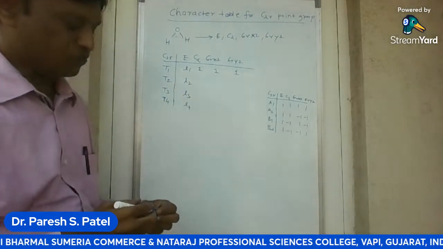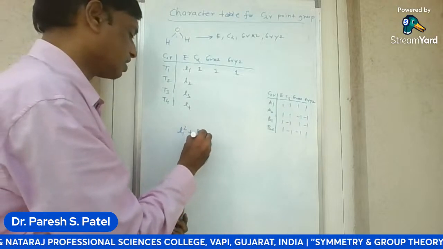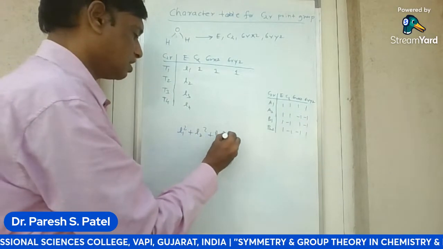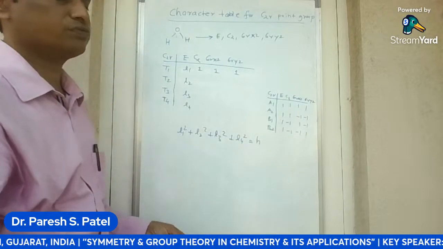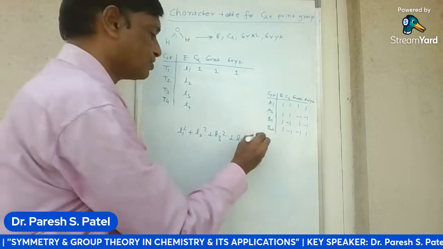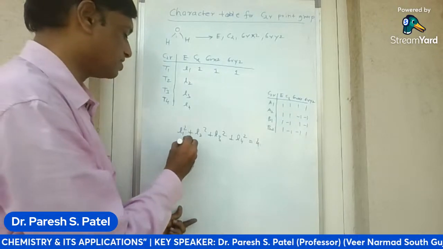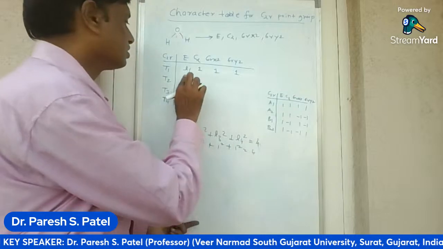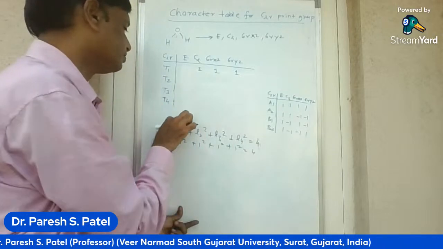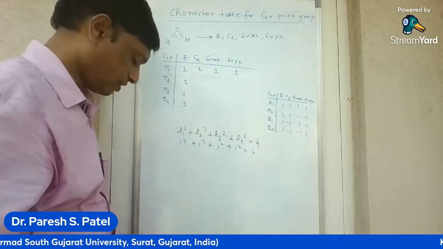The sum of the square of the dimension is equal to order of a group. L1 square, L2 square, L3 square, L4 square is equal to order of a group. Here order of a group is equal to 4, and negative dimension is not possible. So minimum dimension is 1, then it can be satisfied. So 1, 1, 1, and 1.